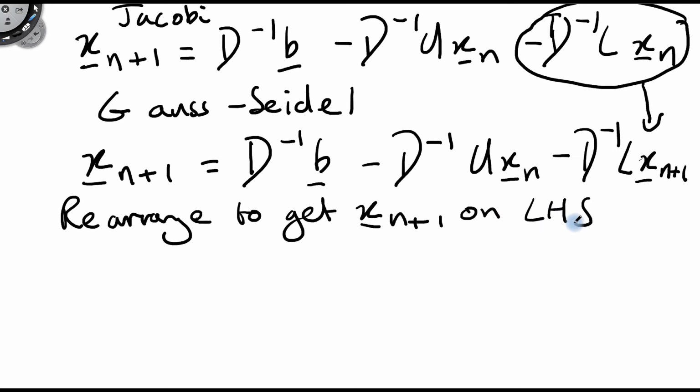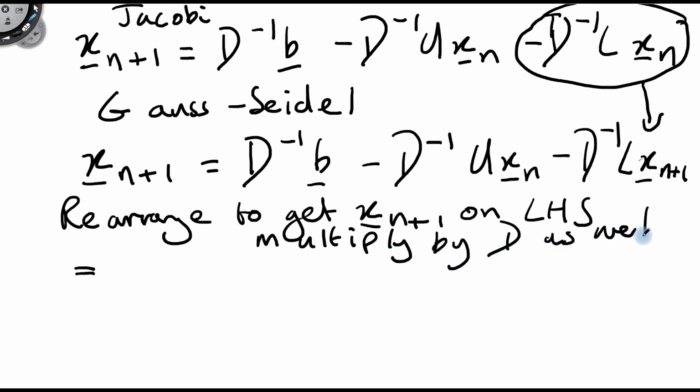That simply means transferring that term, and we're also going to multiply through by d. So we multiply through by d.